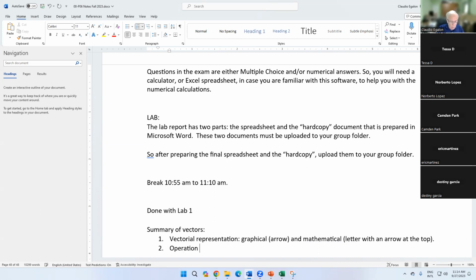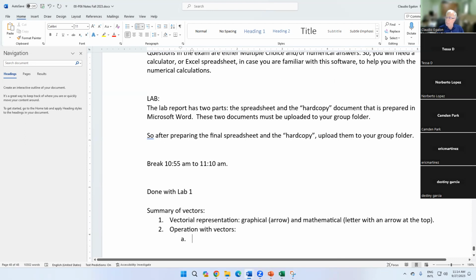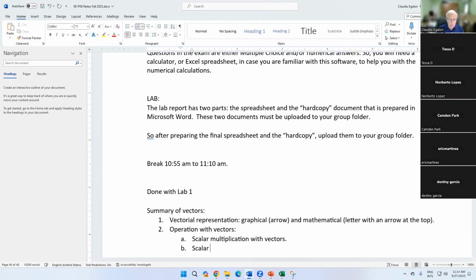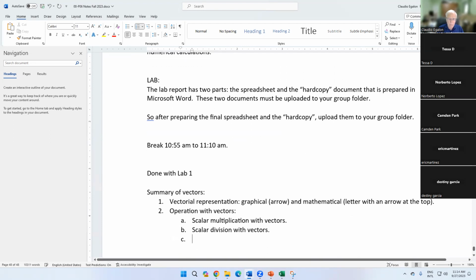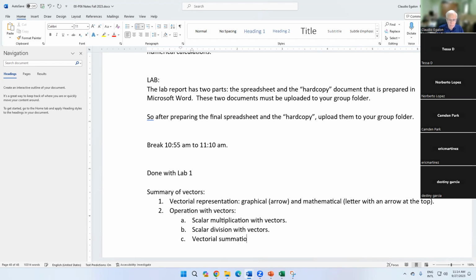So, operations with vectors: scalar multiplication with a vector, scalar division with vectors, vectorial summation, vectorial subtraction.